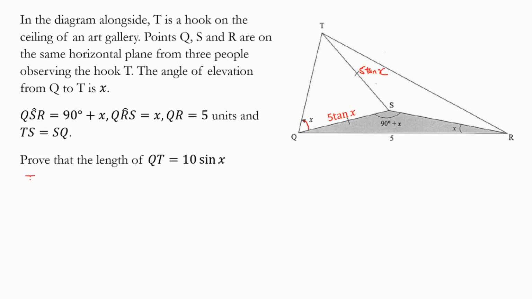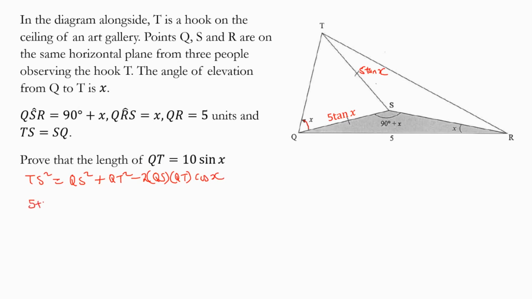TS squared is equal to what? Now we're talking about sides QS and QT. So it's going to be QS squared plus QT squared minus 2 times QS times QT cos x. Let's substitute what we have.